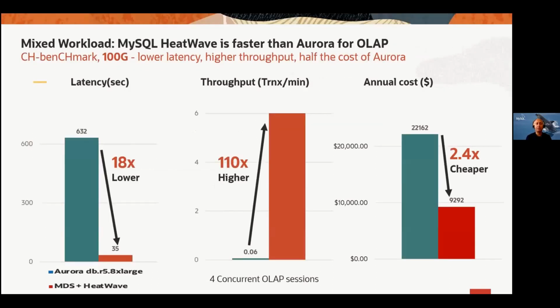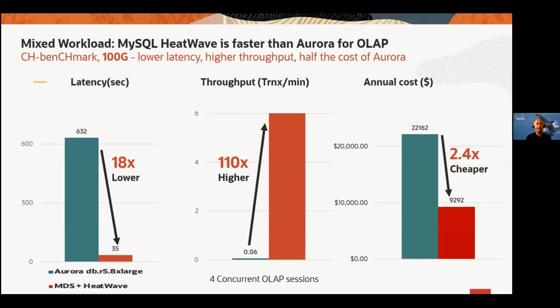So what we decided to do was to show how the performance of HeatWave would compare with Aurora for a much, much smaller data size. Because like we showed early on, for 4 terabytes, it's 1400 times faster. Now let's try the other extreme, a much smaller database, 100 gigabytes.